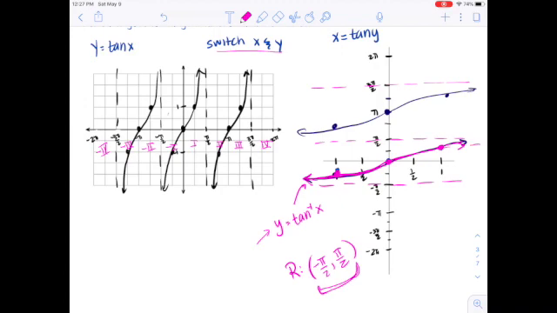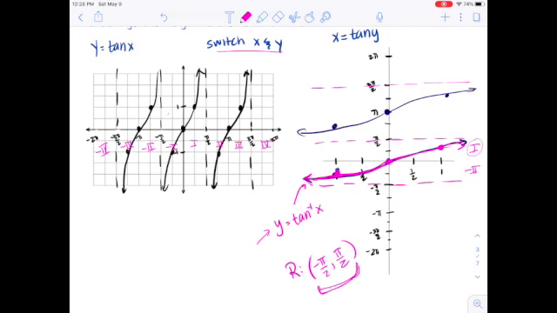It's not defined there, all right? So you're picking your values in the first quadrant and the negative first quadrant. And this is a similar situation to your sine function where it is only defined on the first quadrant and then negative first quadrant.